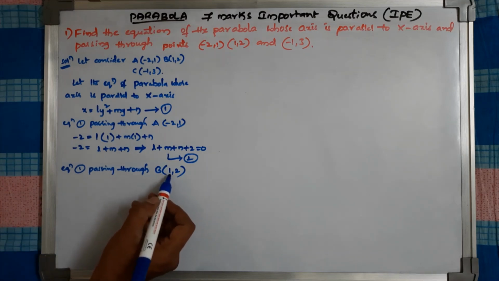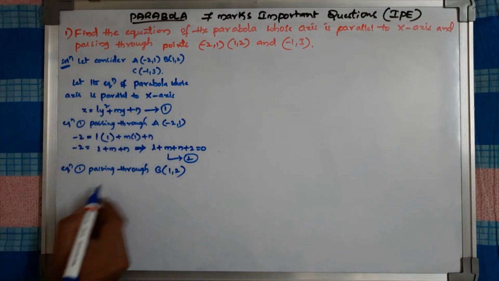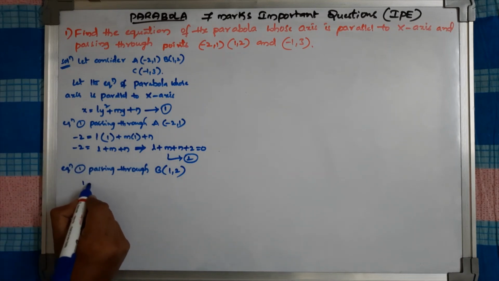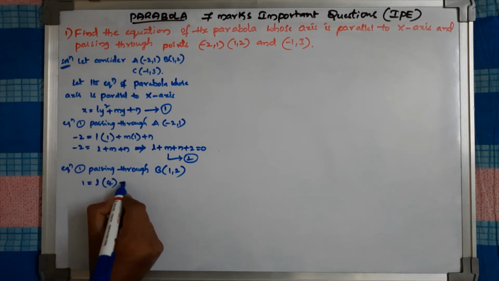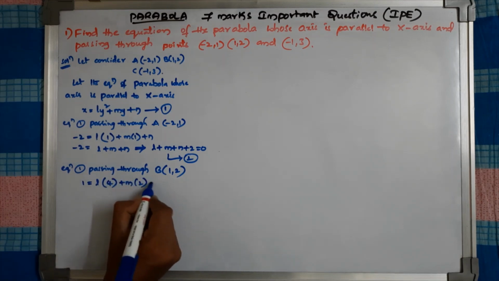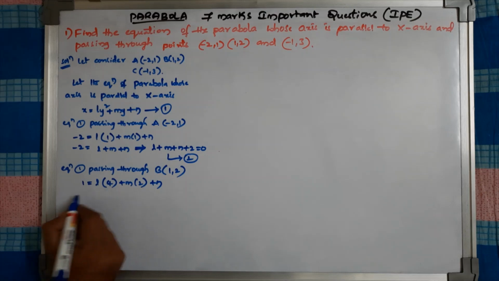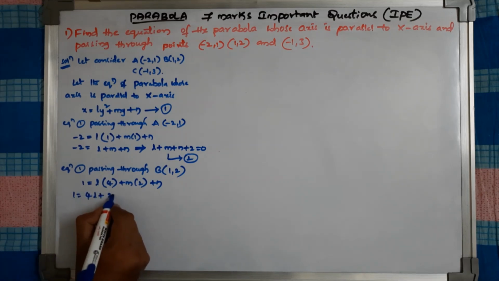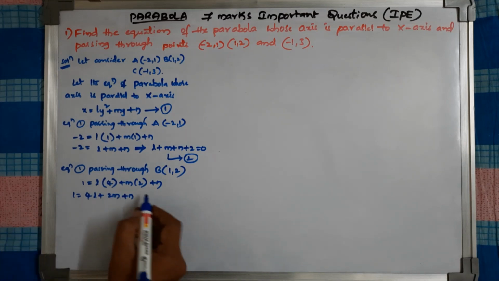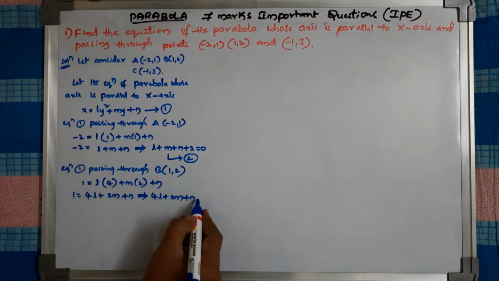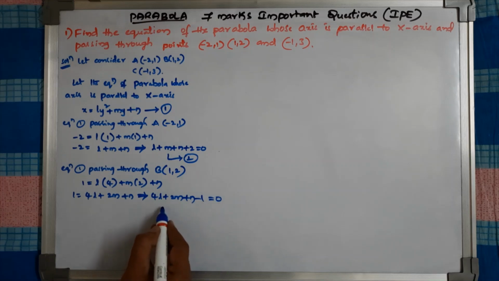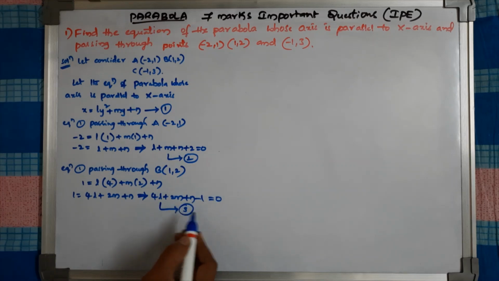Substitute these values in equation 1. x = 1 = l y², that is 2 square is 4, plus m into 2 plus n. So 1 = 4l + 2m + n. This becomes 4l + 2m + n - 1 = 0, equation number 3.